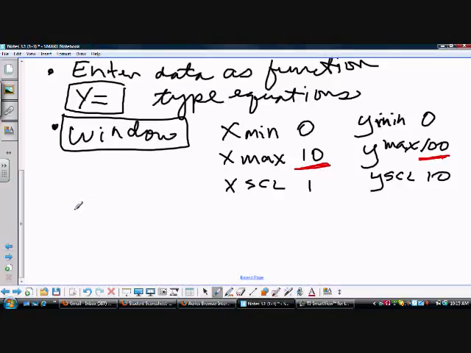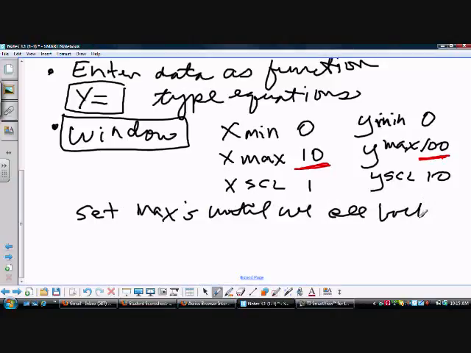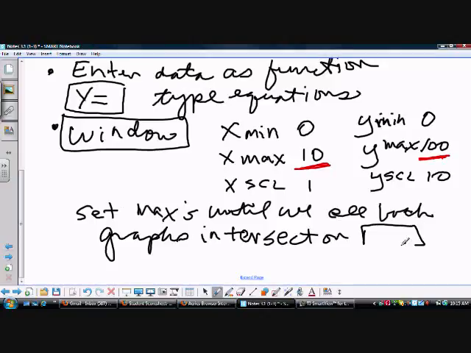All right, so I'm going to say we're going to set the maxes until we see both graphs intersect when we hit the graph button. Yes, sir. You can do Y scale 0. It'll put no tick marks. Yeah, good idea.